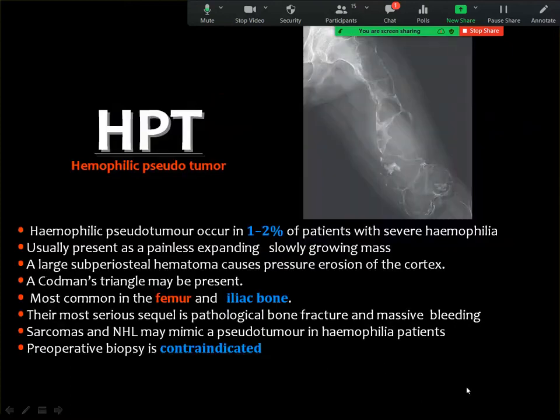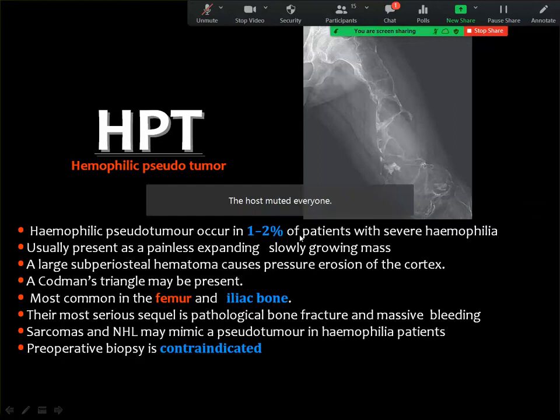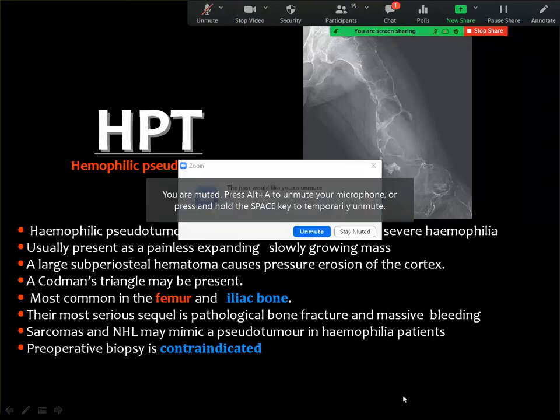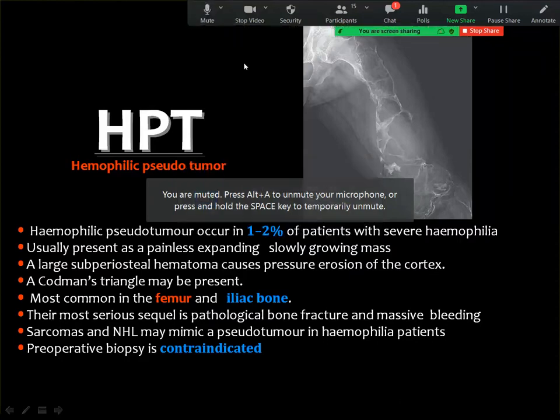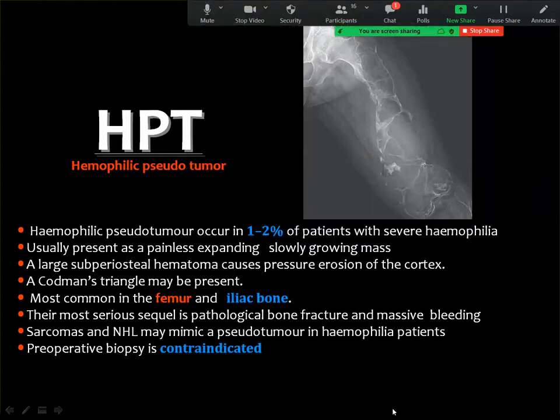The hemophilic pseudotumors are classically most common in the femur as well as in the iliac bone. Why am I muted?